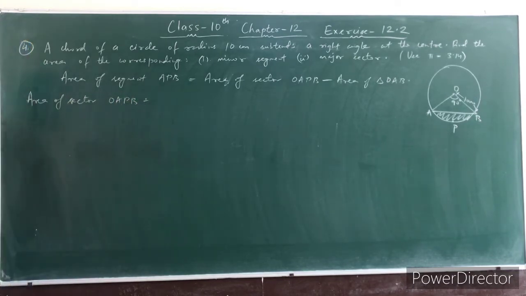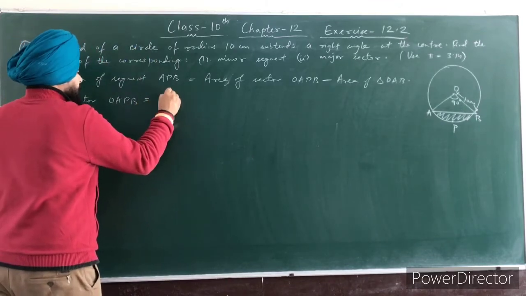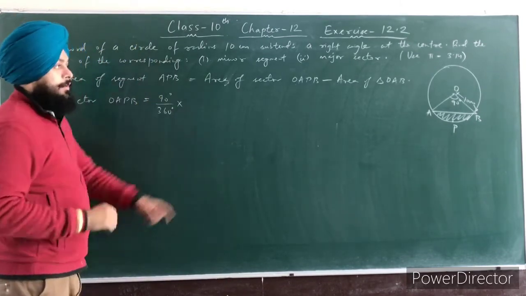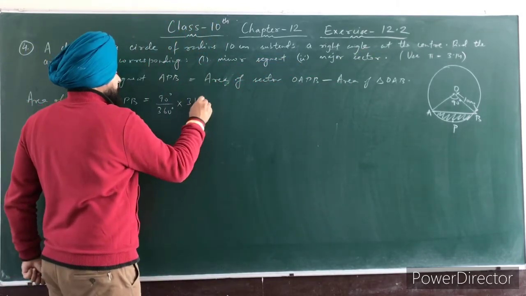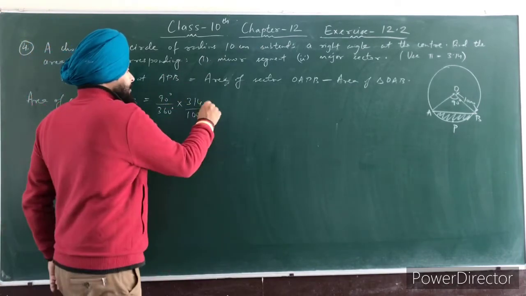So what is the area of sector? Theta over 360 into pi r square. So theta is here what? 90 degrees over 360 degrees into pi, that is 3.14. So you can write 314 over 100, convert it into a fraction, multiply with r square.